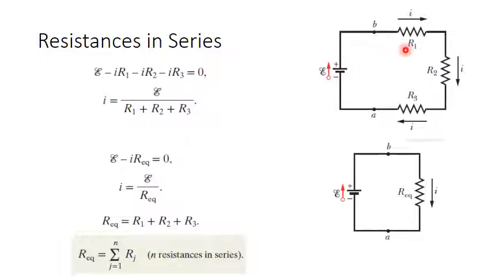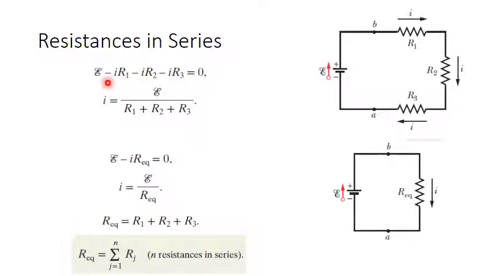Then there is a voltage drop at resistance 1, another at resistance 2, and another at resistance 3. Each voltage drop is I multiplied by R. So the complete potential around the loop is E minus I R1 minus I R2 minus I R3, and I is the same because the same current flows through the three resistances, equals 0.